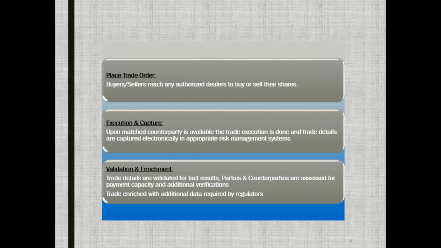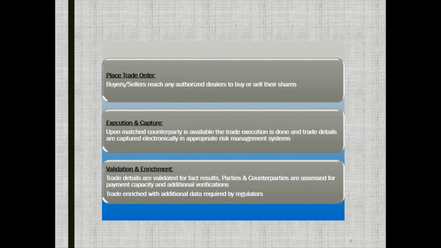Do they really have the payment capacity? Are they not doing any fraudulent activities? We want to know all these things, right? So they are assessed, and the trade details are validated for the truthfulness of the information furnished by the parties and counterparties.